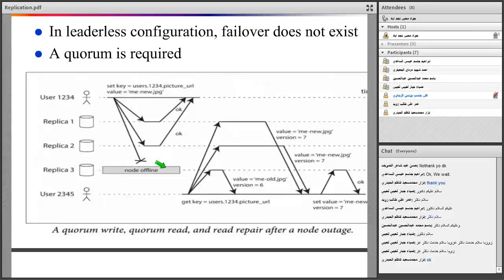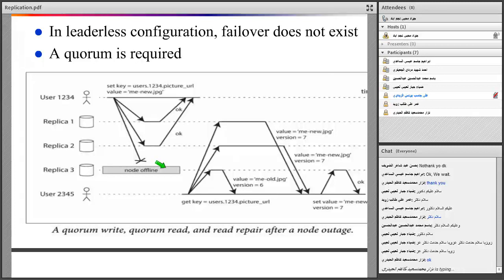It's enough, because when the majority of replicas accept the request, that's enough for the user.